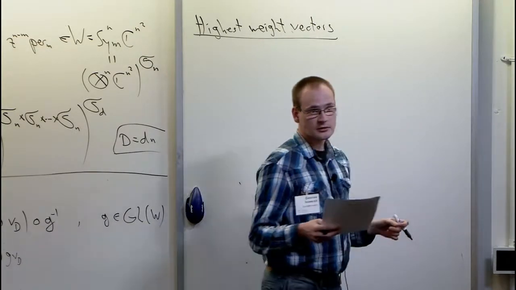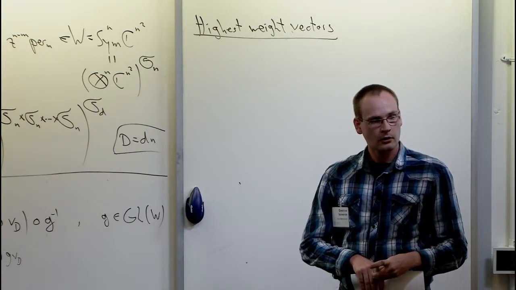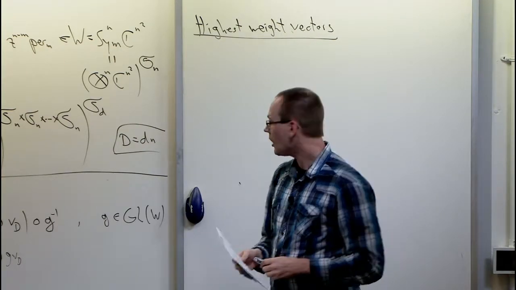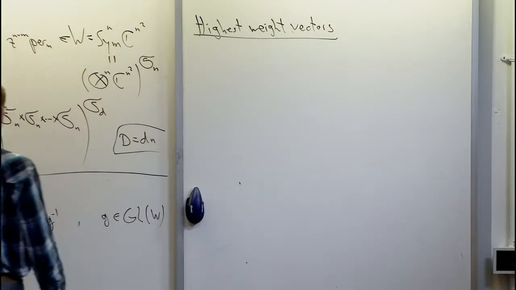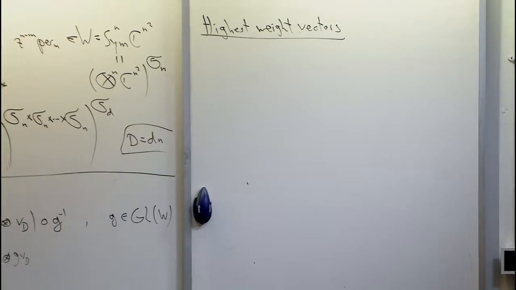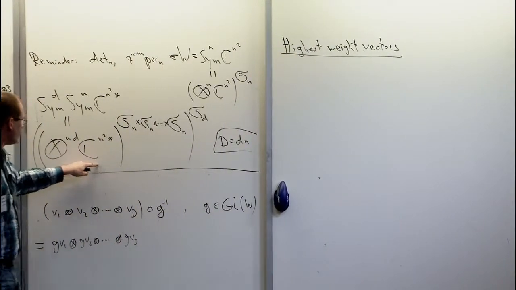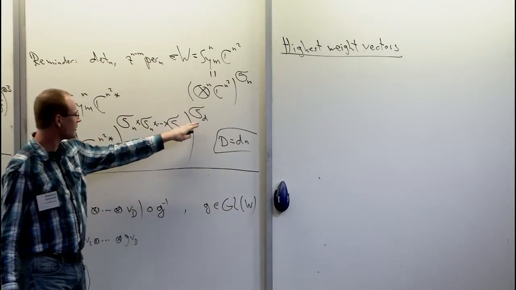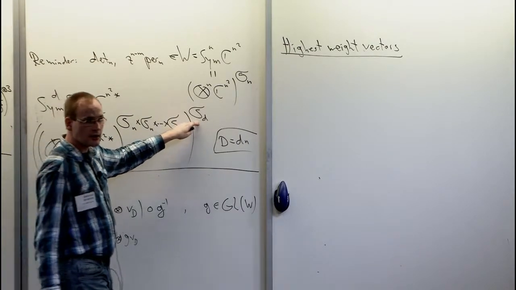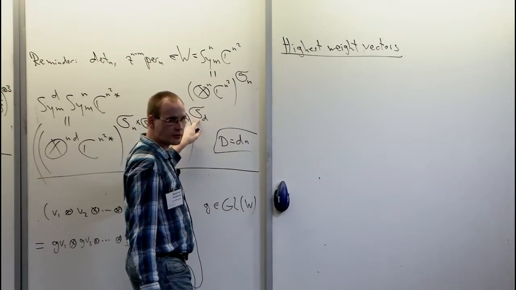Christian? Yes. Since this notation is somewhat hard for me to parse, can you tell me where the lecture is going so I can focus on what's important for me? Oh yeah, we are now constructing highest weight vectors, which are inside this tensor space here. Highest weight vectors are the ones that we then project to the invariant spaces. So those will be polynomials, and for those we can see how to evaluate them.